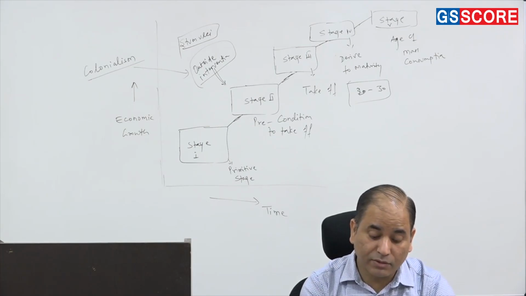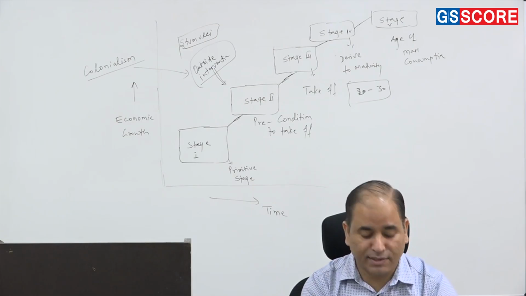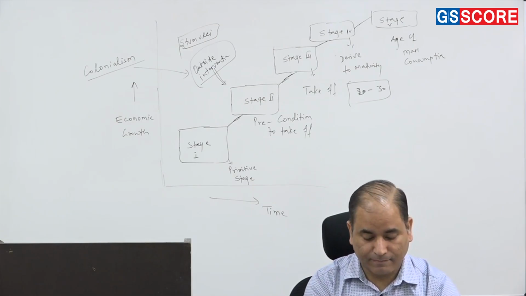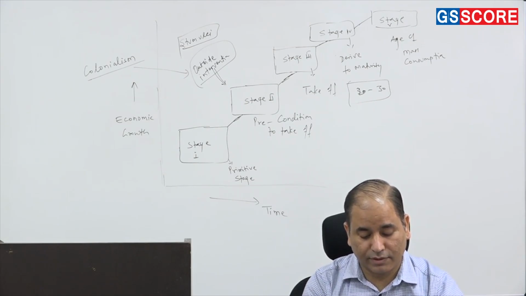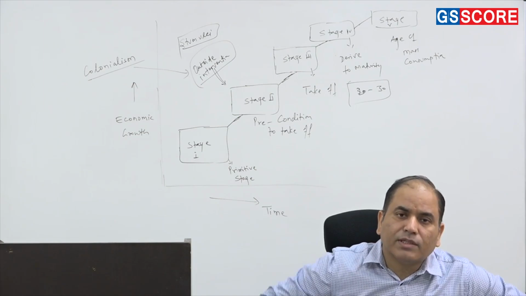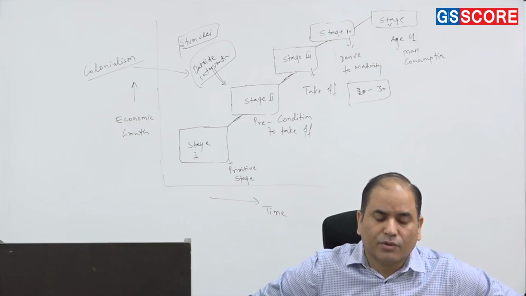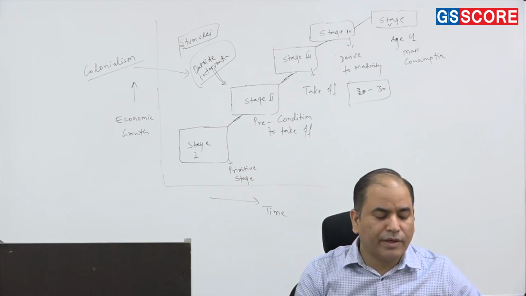It does not seek to explain the sequence of changes. Also, the terminologies used by Rostow happen to be very vague.